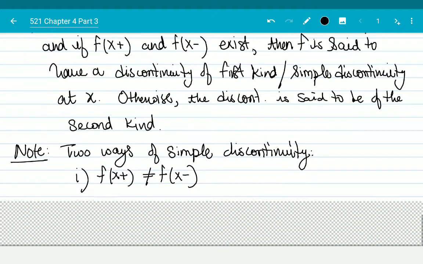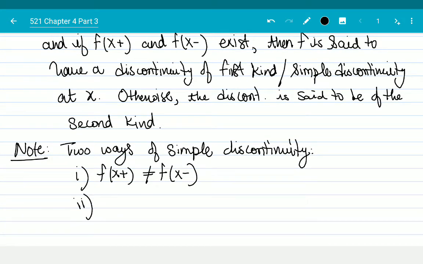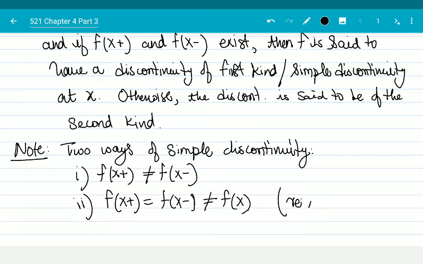And second, f of x plus is equal to f of x minus, but this is not equal to f of x. This is often called a removable discontinuity.